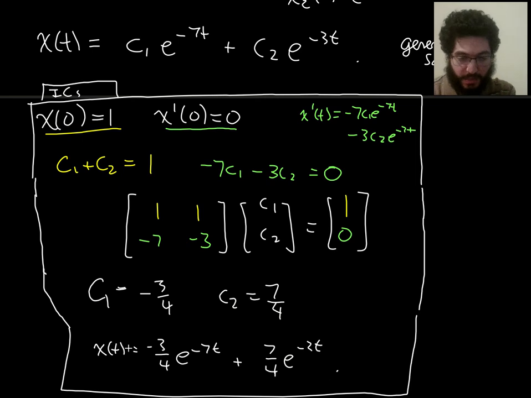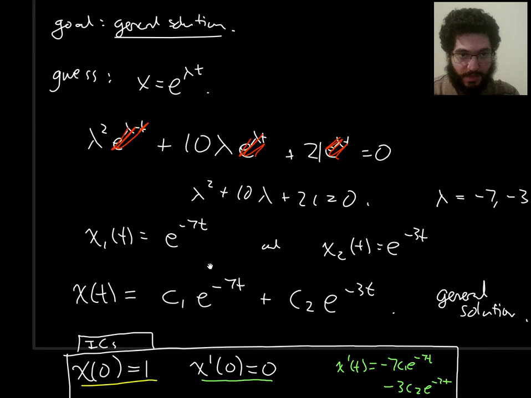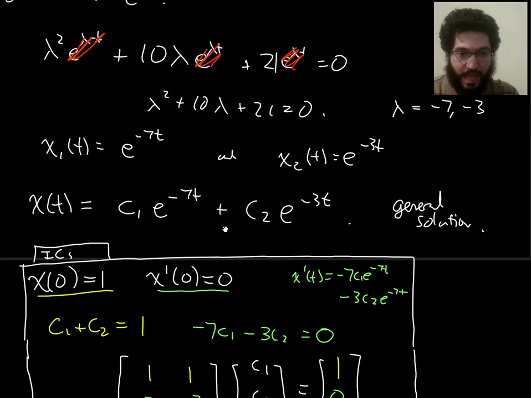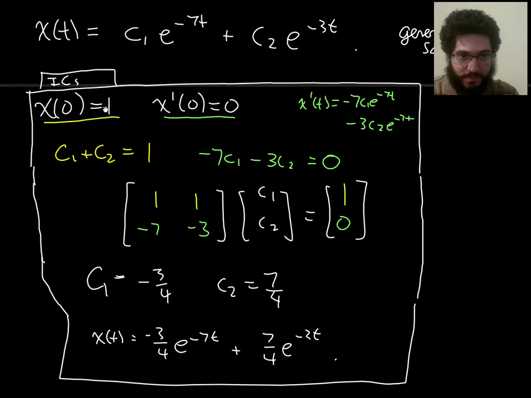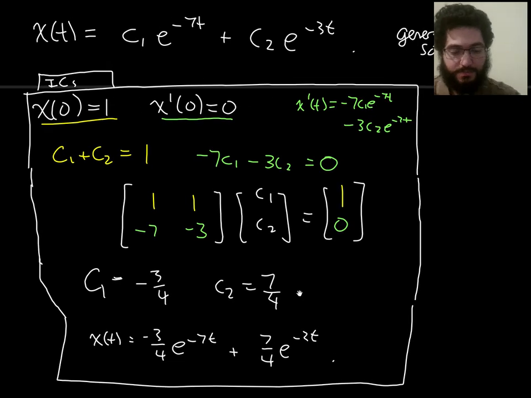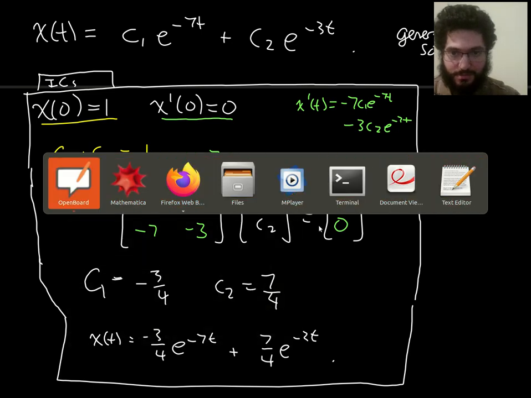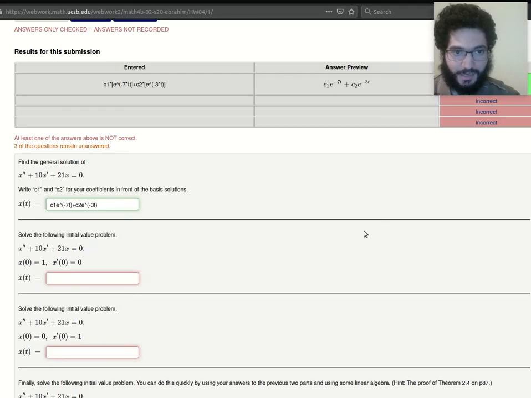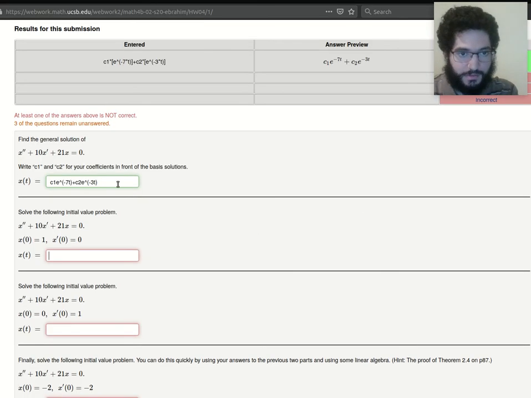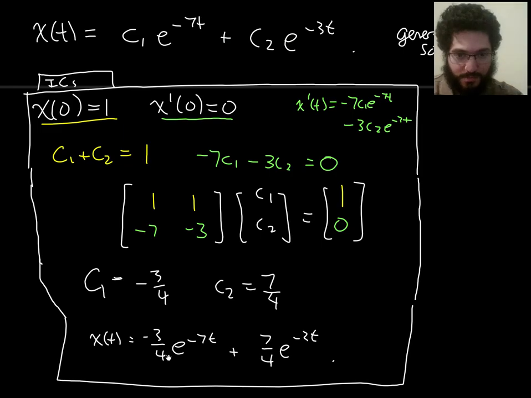So the idea is that it satisfies the differential equation, and it also satisfies that its value at 0 is 1 and the value of its derivative at 0 is 0. That's the idea. Okay, now let me go back to WeBWorK and just do a quick check. So what was it again? Negative 3/4 and 7/4.